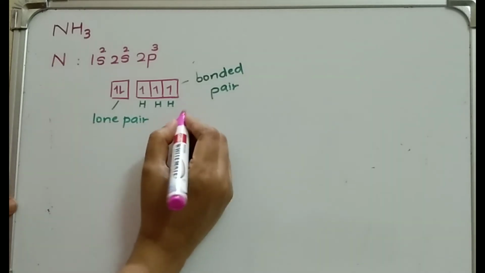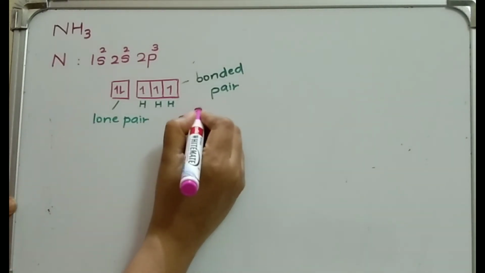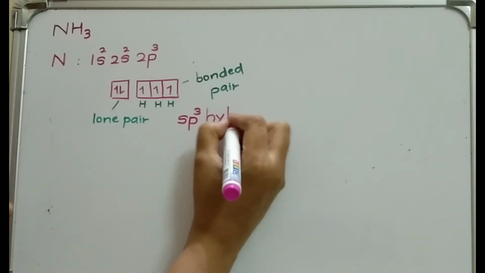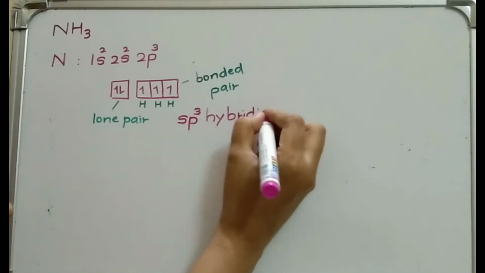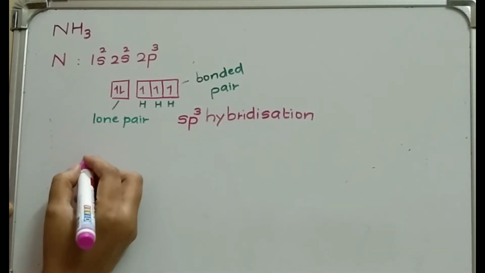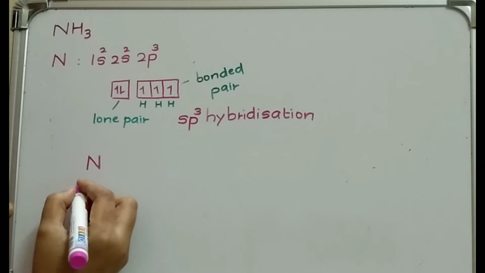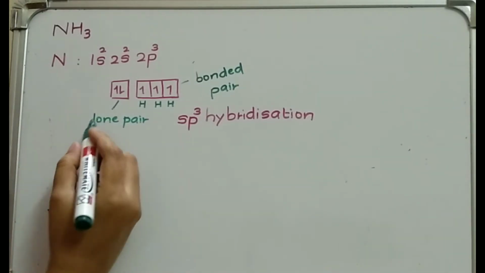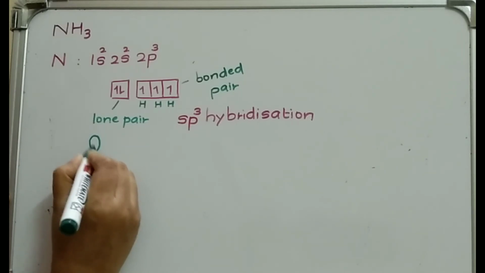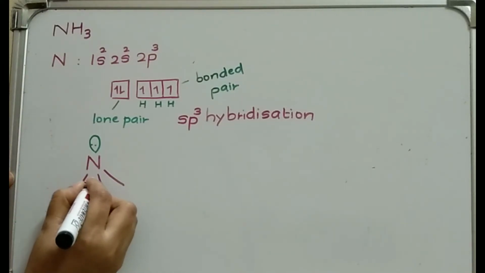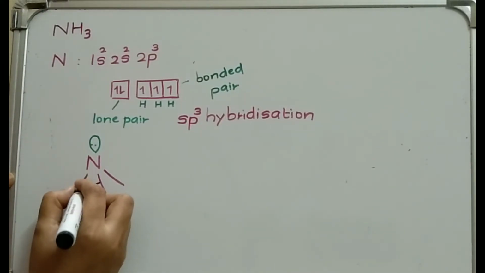So that is sp3 hybridization. Let's draw the structure for this. So N, which will have a lone pair of electrons also. I will put it in the lobe, where the lone pair of electrons is there, and the bond angle over here is 107.8 degrees.